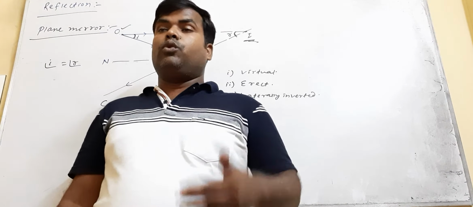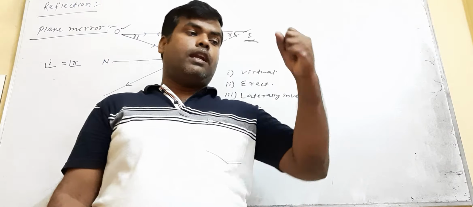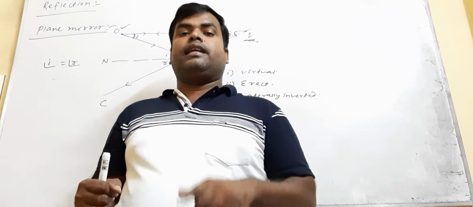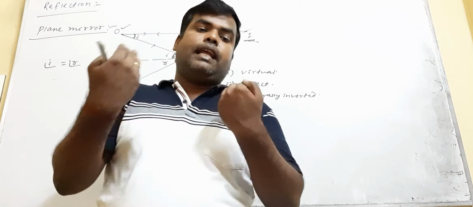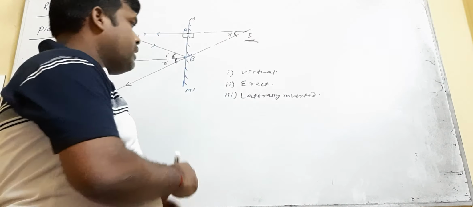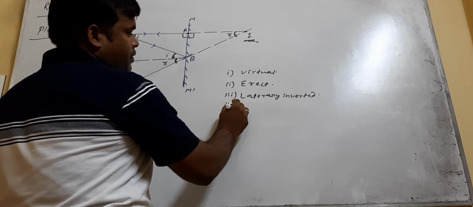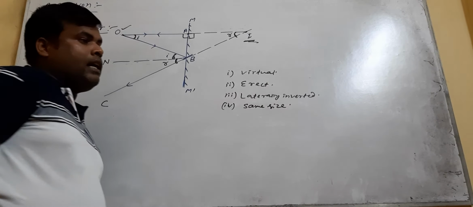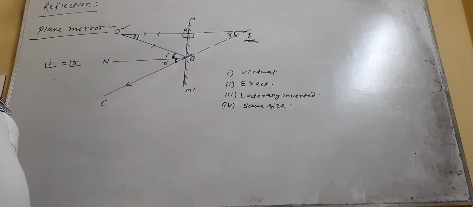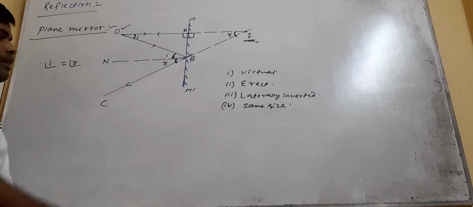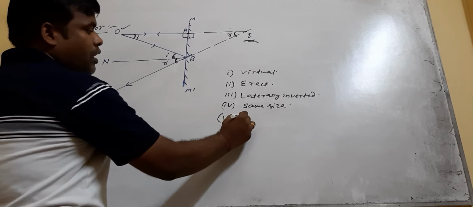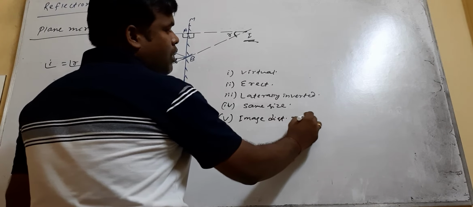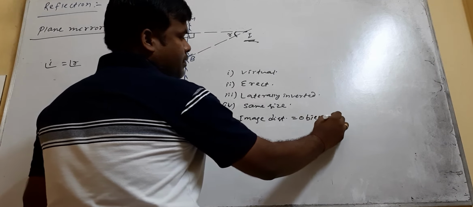Means when you look at a plane mirror, your left hand looks like the right hand and your right hand looks like the left hand. That is laterally inverted. Same size: here the image has the same size as that of the object. Then your image distance is equal to object distance.